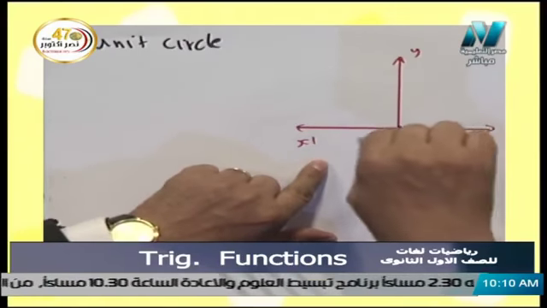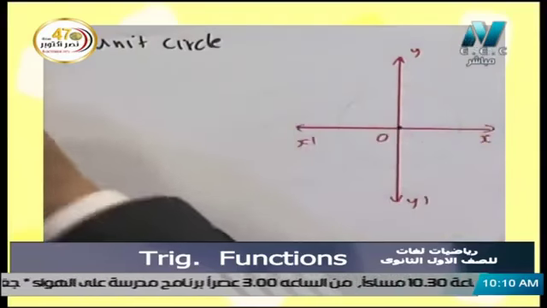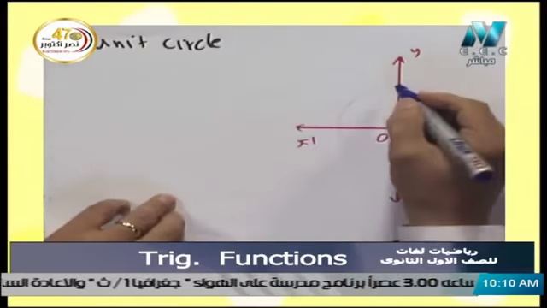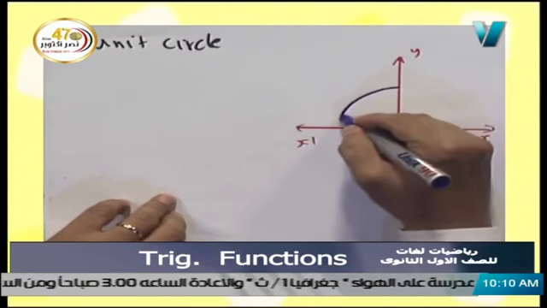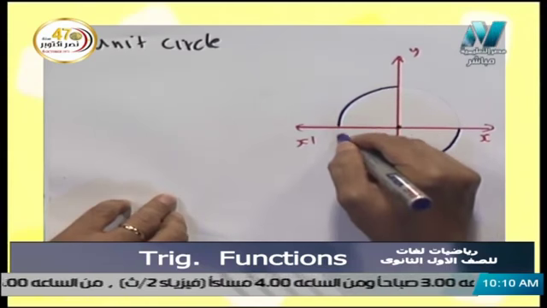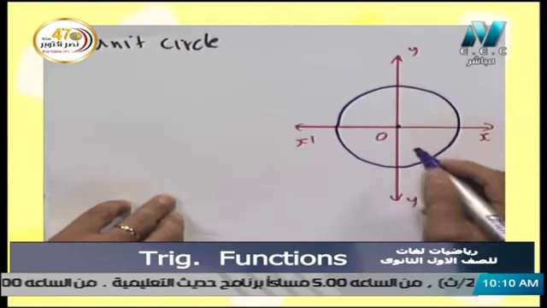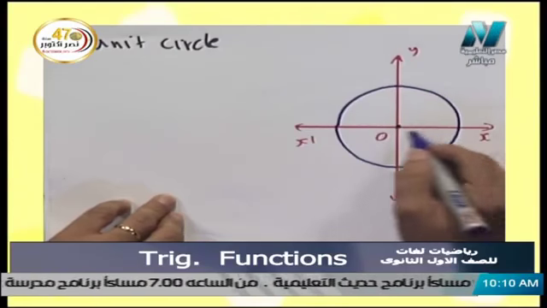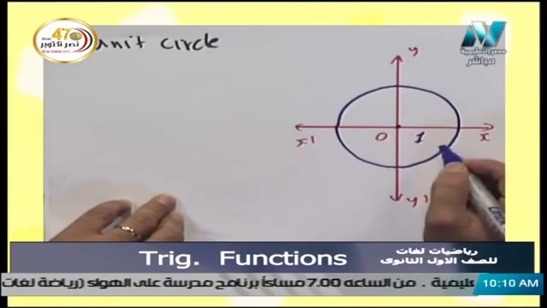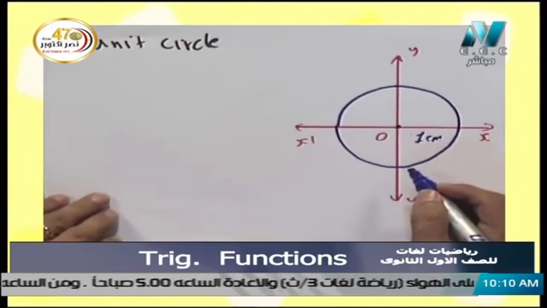We draw the circle like that, and we call it a unit circle. That means OX here is 1, whether centimeter, meter, or kilometer, it's 1 finally.